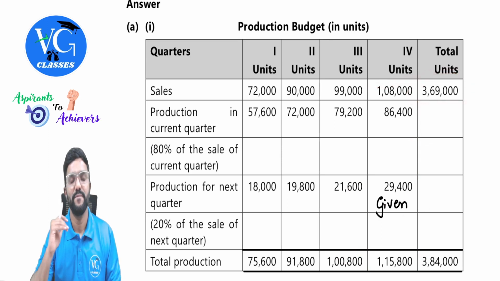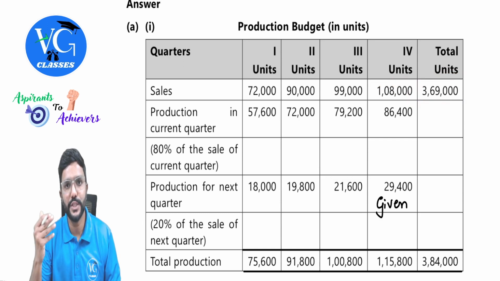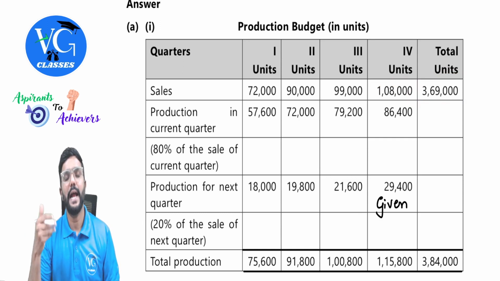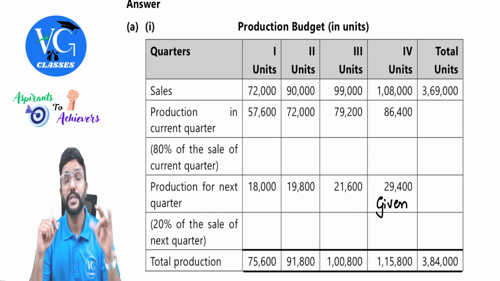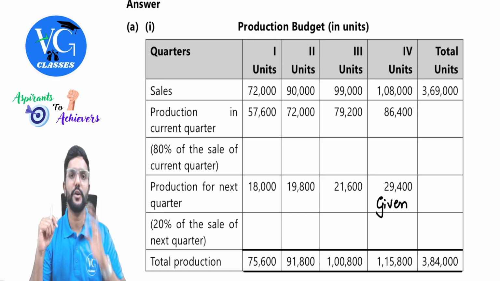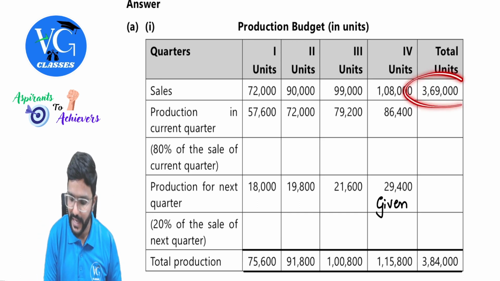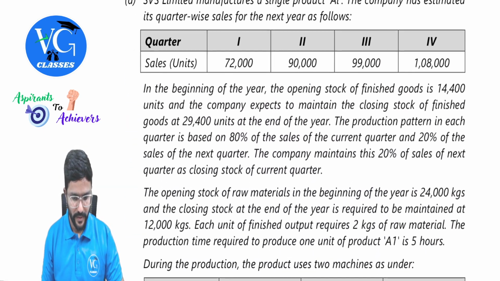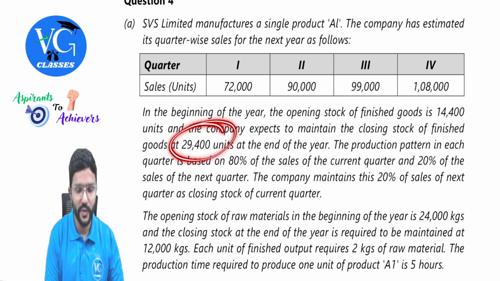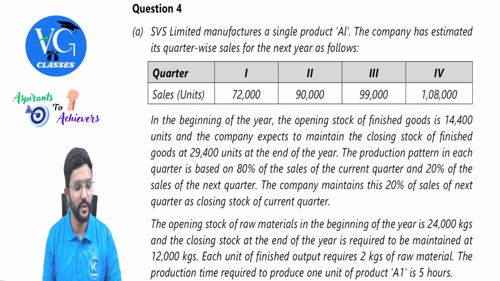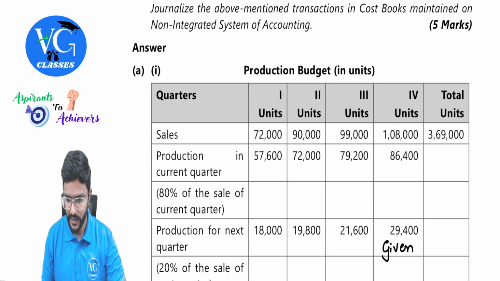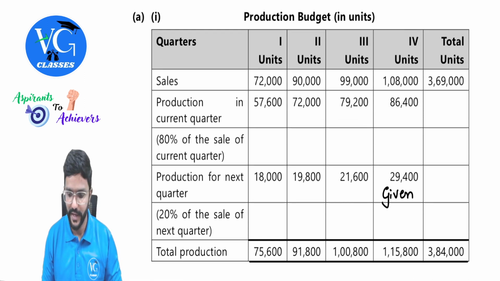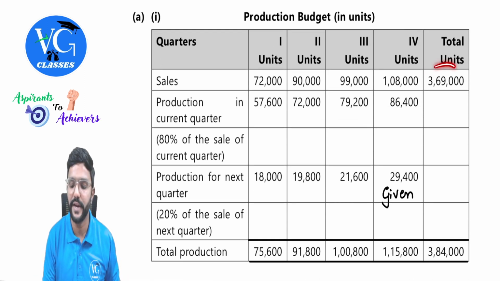Sales is given. For sales, add closing stock of finished goods and deduct opening stock of finished goods. So for example, 3,69,000. Plus closing stock, you need to add closing stock. Please be careful. 3,69,000 is the sales for a year.